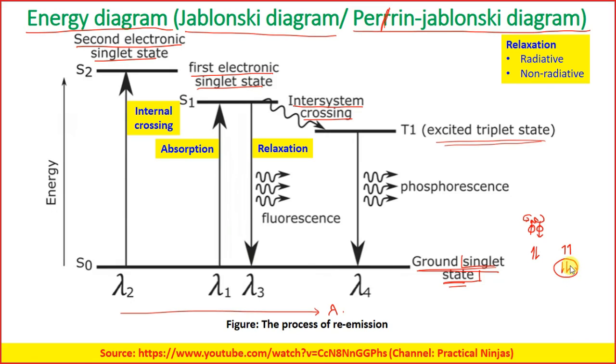Now you have to understand that whenever we radiate any molecule which is present at the ground level with some electromagnetic radiation, the electrons gain some energy and get emitted from here.